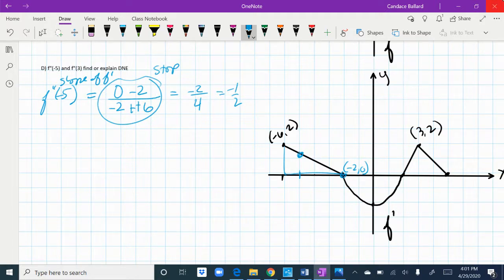And you'll notice here at 3, I have a corner. So I need to prove why I don't have a derivative at that value. You're going to have to prove it with the limits. So we basically need to show that the limits approaching this side or those slopes are different. They're opposite limits. So here's the setup on this.